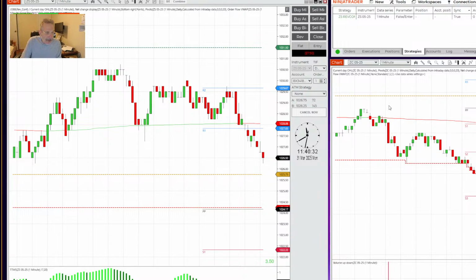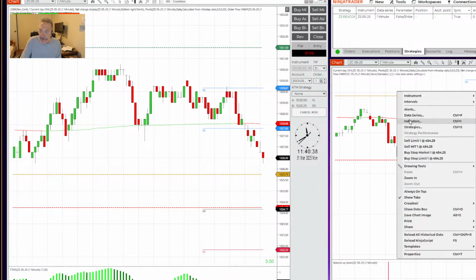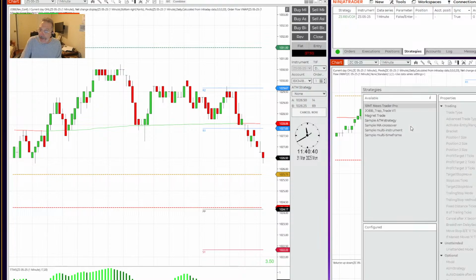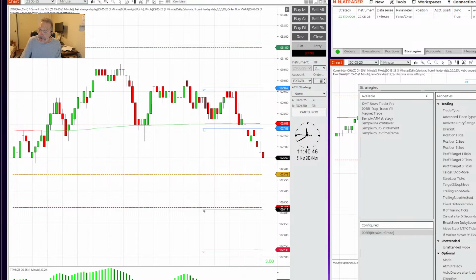On this particular reverse continue, position 2 is a 0. Right click the chart, click strategies, double click news trader. Trade type, reverse continue. Same thing, position 1 is a 1. It's up to you.